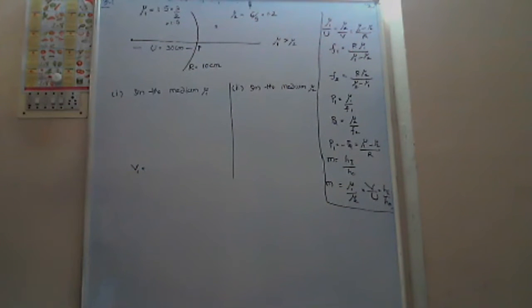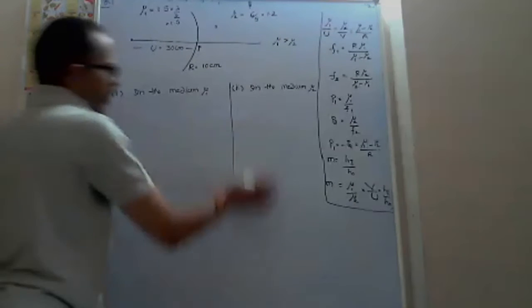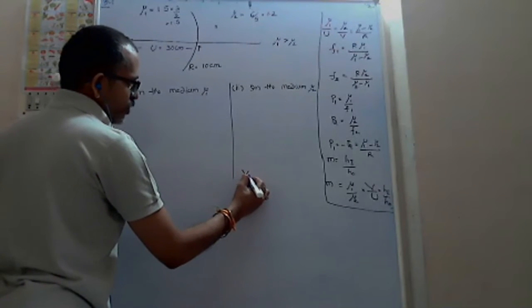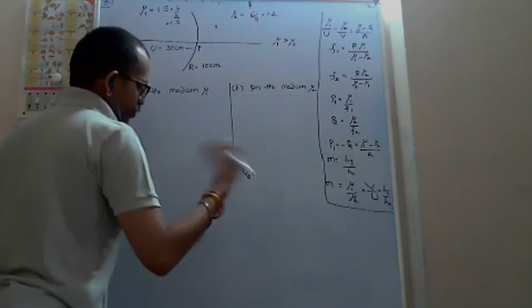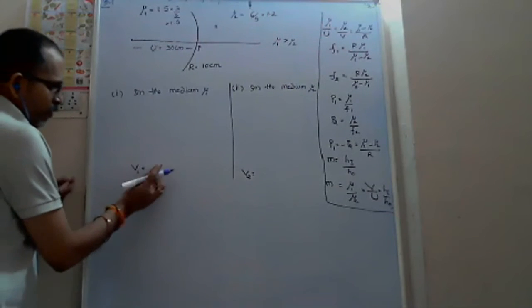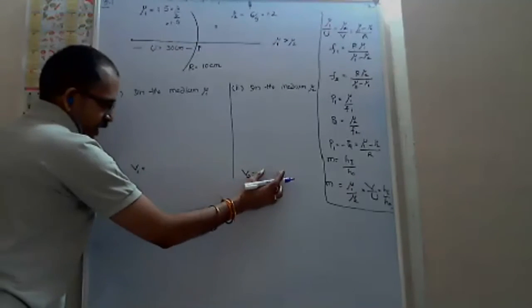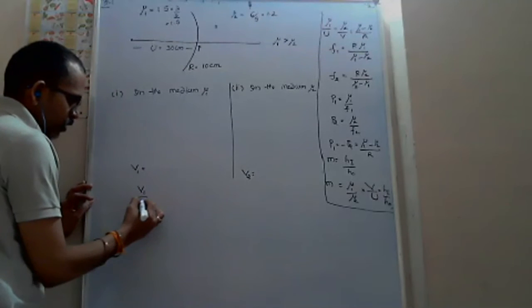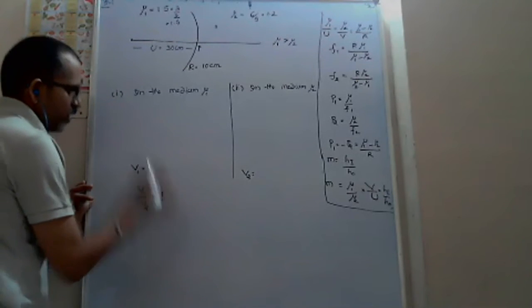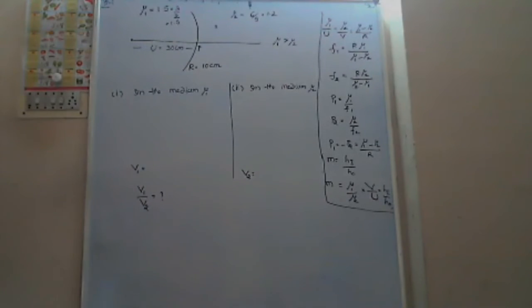In the same way, I will get here the distance of image from the pole. Now, finally, the question is, if you get something here and there, what will be the ratio of the two distances? V1 is to V2 equals how much?